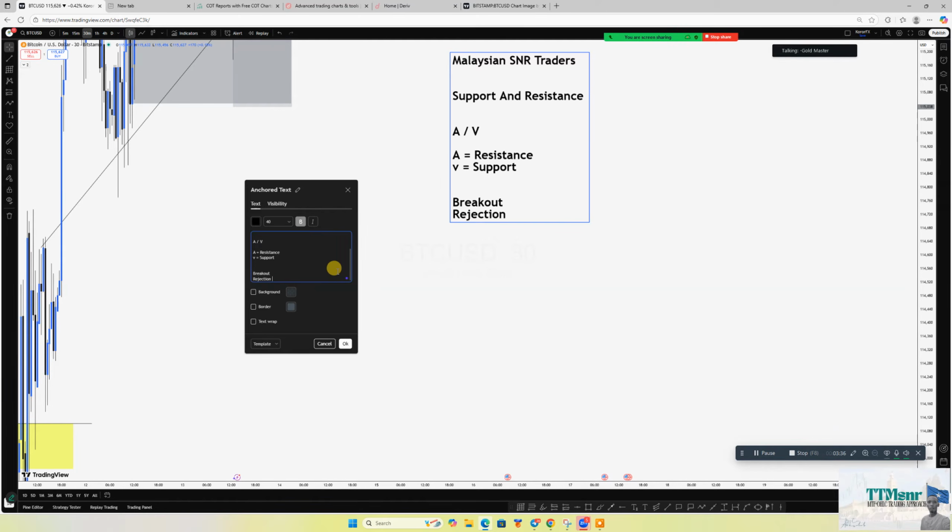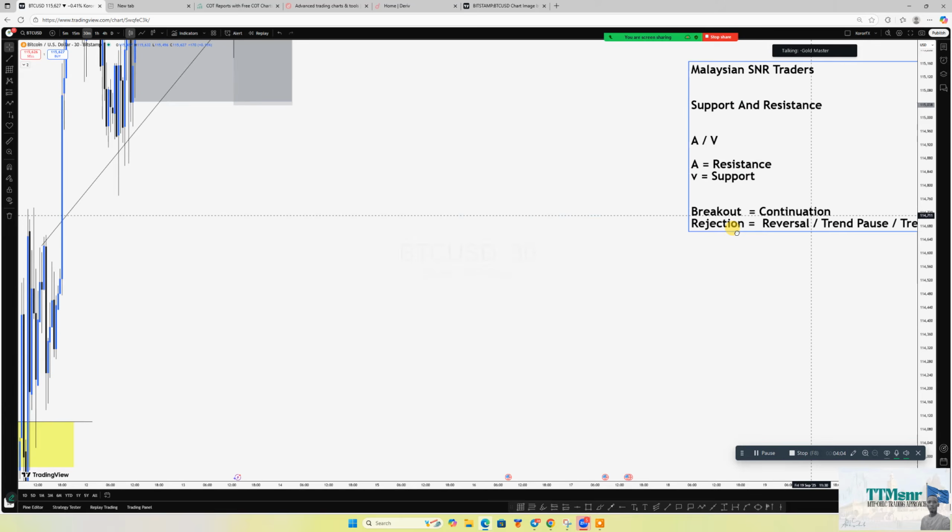We know what rejection means: reversal or trend change, while breakout means continuation. Okay, so I hope you guys get it.